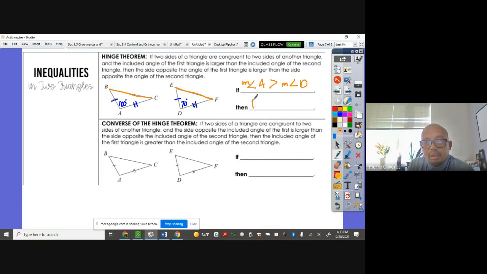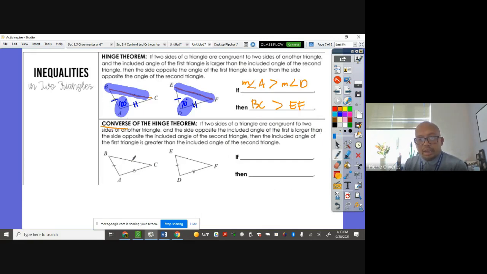So therefore, the opposite to 100 degrees is BC, the opposite to D is EF. So I know that BC is greater than EF. Remember, this is 100 degrees and this is only 70. Which one do you think will be longer? The BC, because that's a larger angle. The converse of that is the opposite.